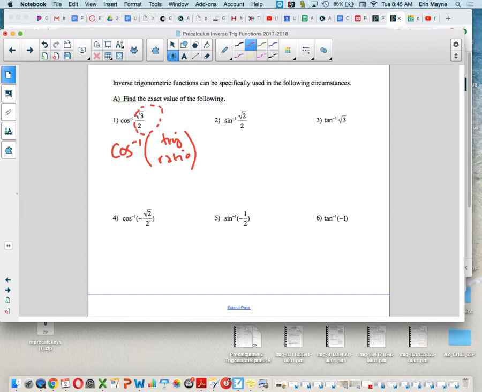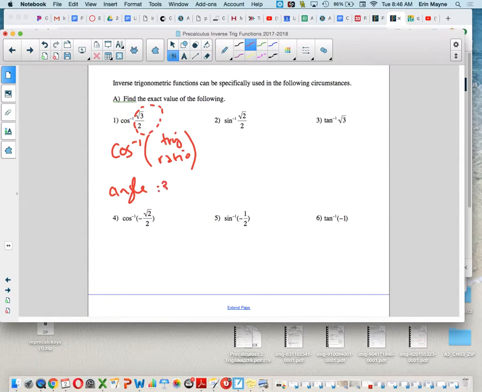So the deal is I now need to output a what? An angle. Okay, think unit circle. What angles kick out a cosine of root 3 over 2?